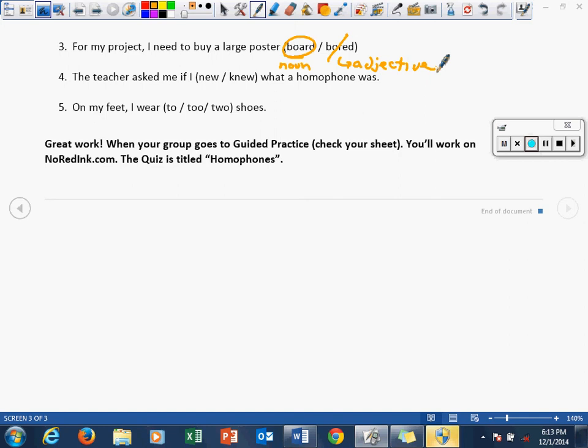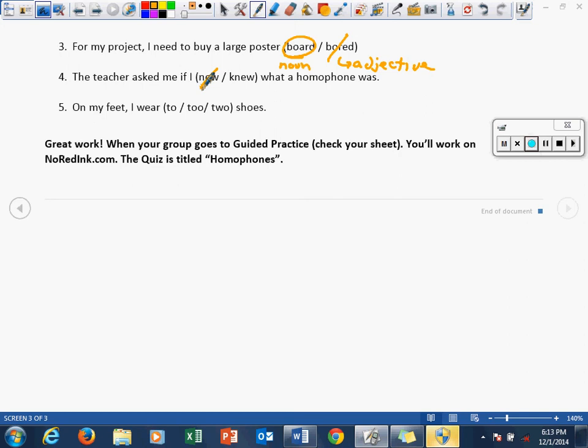Number 4. The teacher asked me if I knew what a homophone was. Hopefully by the end you will know, but right now we're going to try and figure out which one of these "knew"s is the correct one. Again, I'm going to start with the wrong answer, which is the first one. That one, as many of you probably know, has to do with being at the very start.